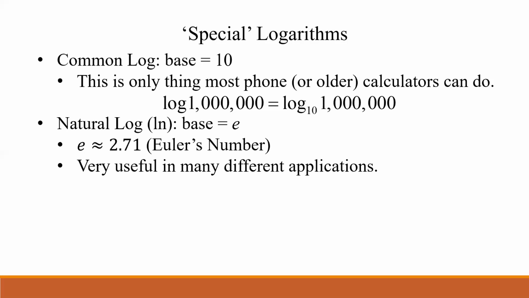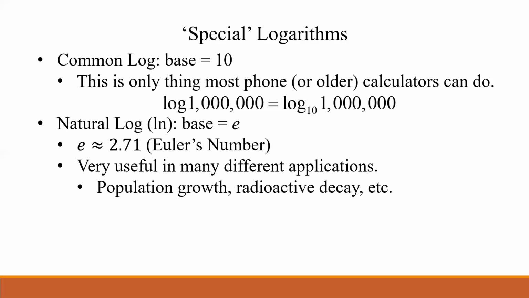Now this is very useful in a lot of different applications, from population growth, radioactive decay, sound levels, the Richter scale for earthquakes. All of these things use natural logs and e. Really what you'll see is something like this. If you see ln 5, what that means is it's log base e of 5.